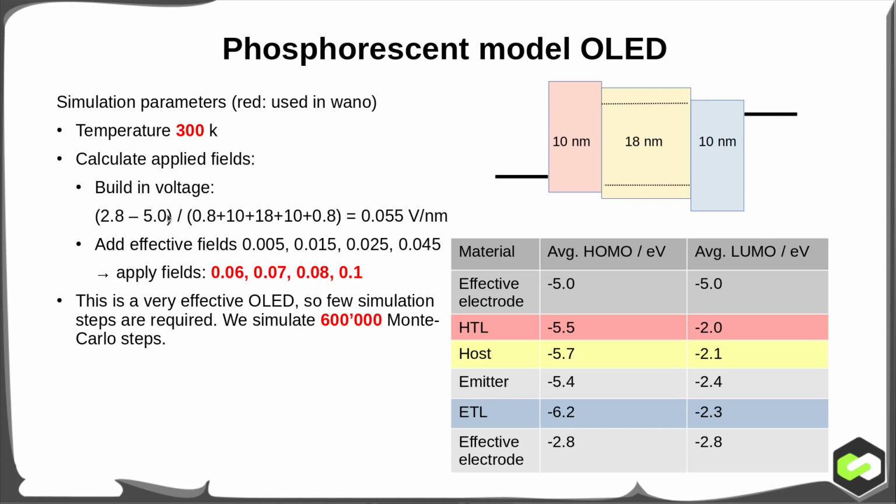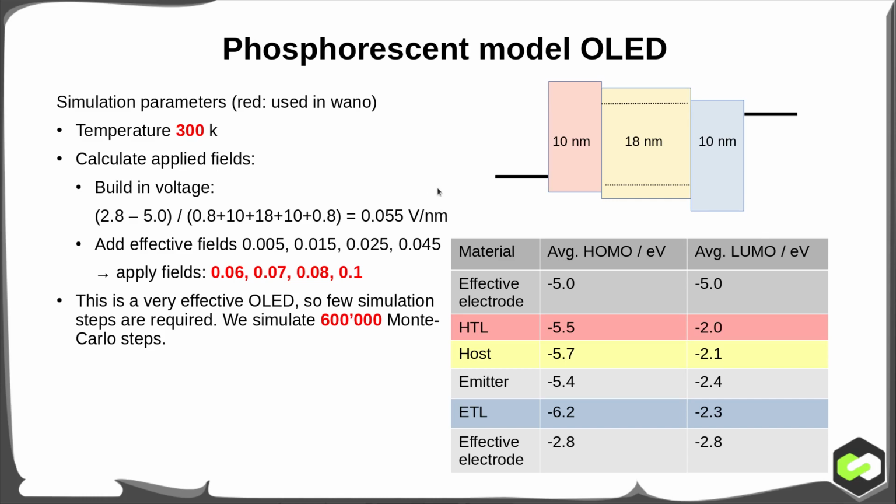So the field that stems from that is this voltage divided by the length of the device, which is 10 plus 18 plus 10 nanometers plus 2 times 0.8 nanometers, which is basically the default distance from the electrode to the edge of the devices. So this leads to an inbuilt field which we want to compensate of 0.055 volt per nanometers.